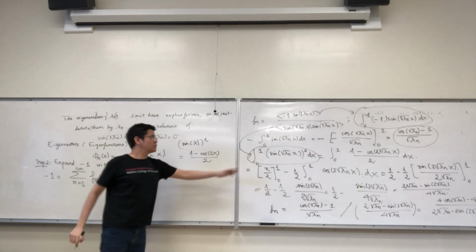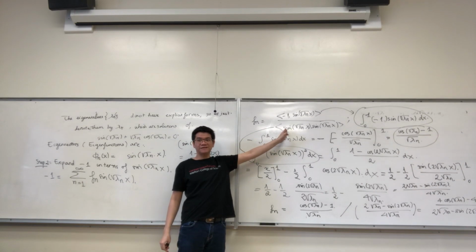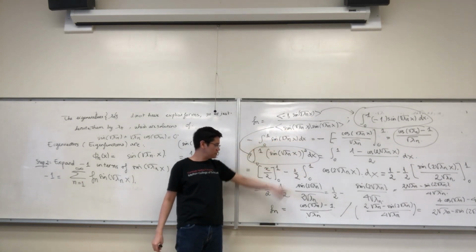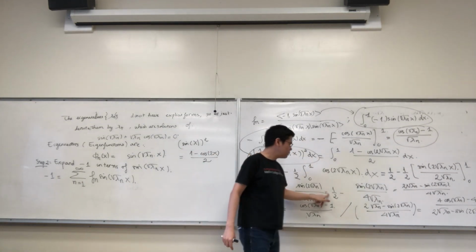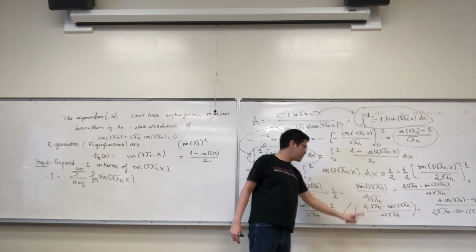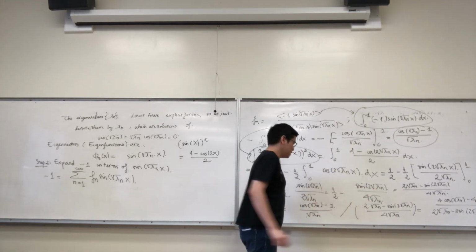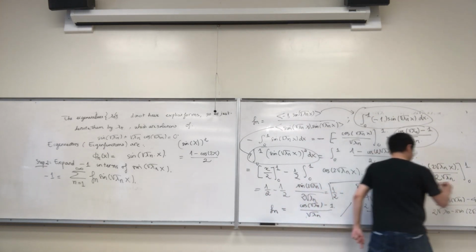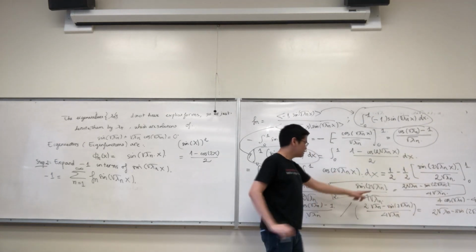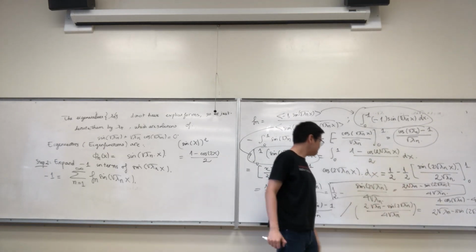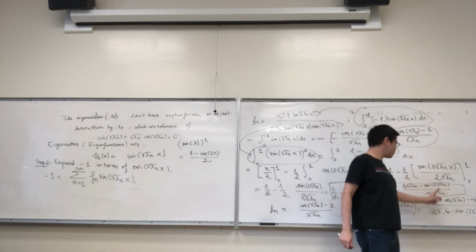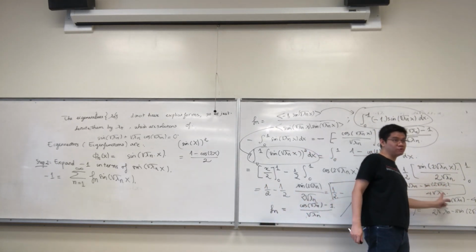This inner product of sine and sine is computed here, and the solution is 1/2 minus sine of 2 square root of lambda n divided by 4 square root of lambda n, which is basically 2 times square root of lambda n minus sine of 2 times square root of lambda n, divided by 4 square root of lambda n.